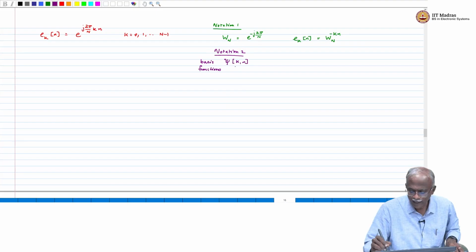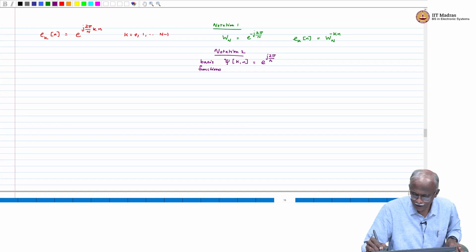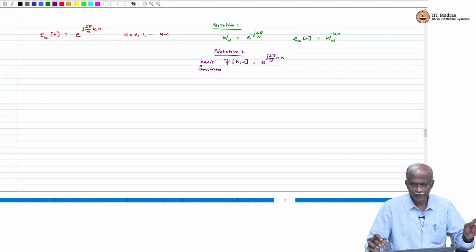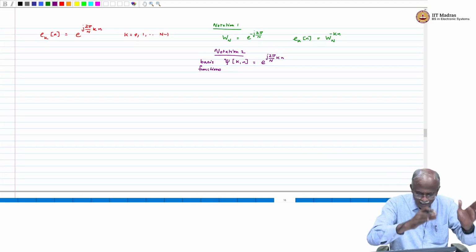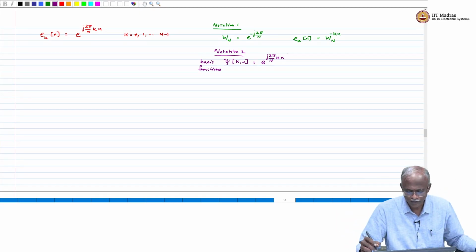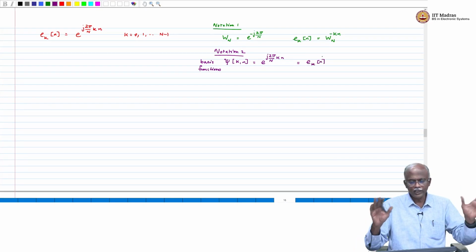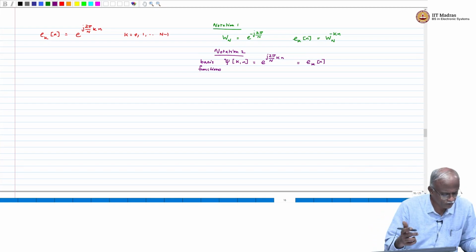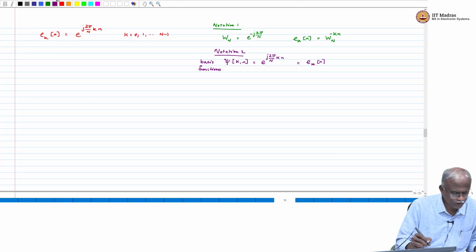Psi of k comma n is the same as e power j 2 pi by n times kn. So the complex exponential can be written in terms of the psi, in terms of the W, or in terms of the original e expression. This is the same as e_k of n. There are three notations that will be used, and it will be helpful for us to keep track of them.